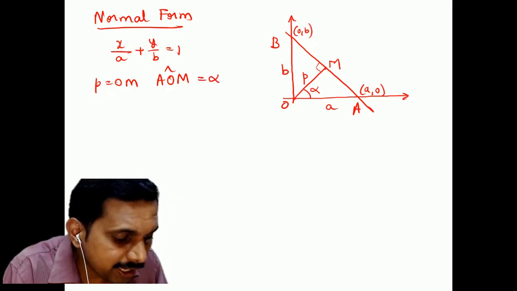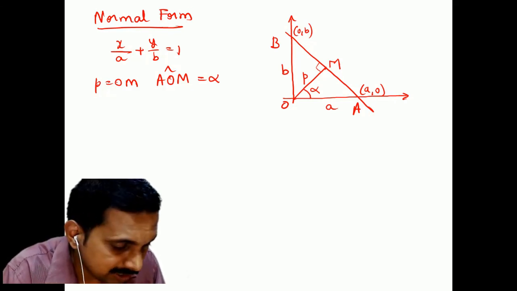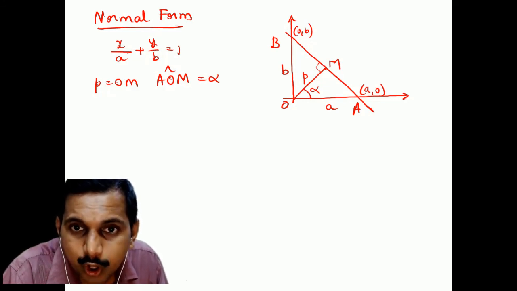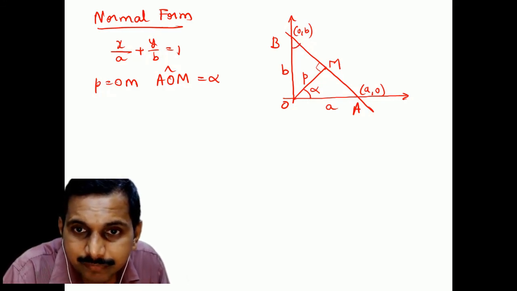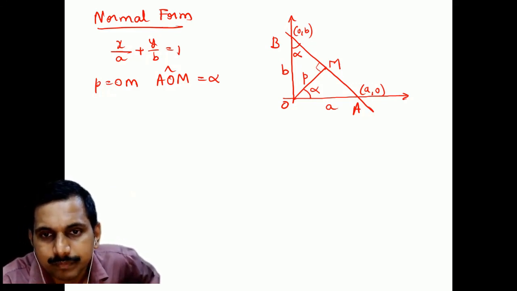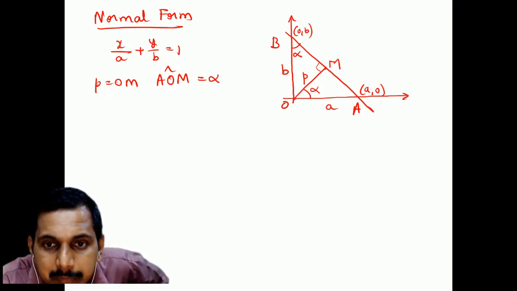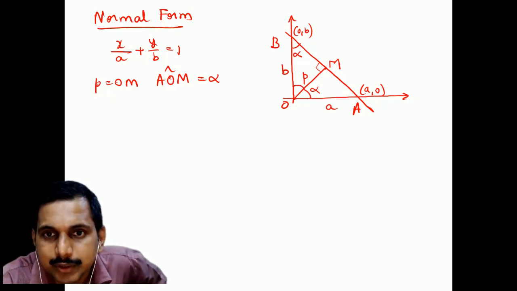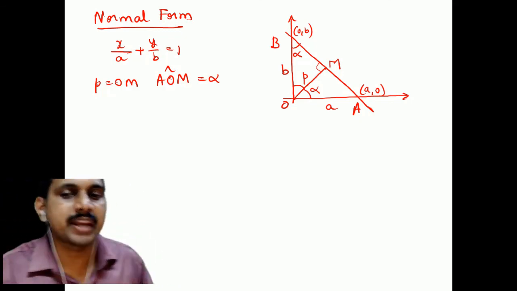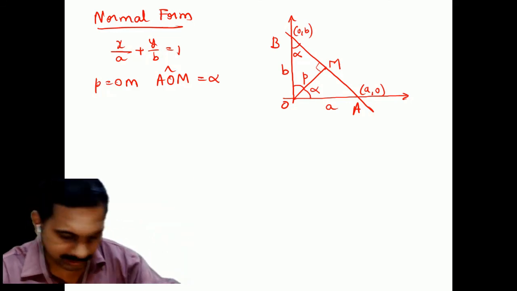If AOM is alpha, then OBM is also alpha, correct? Agreed, students? Why is this so? Try to see this. This is 90 minus alpha, so this should be alpha. You have to be very conversant with the triangles. Very important basics, PUC basics, should not be forgotten.